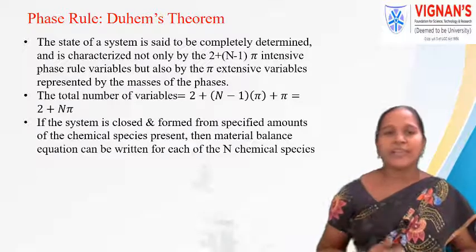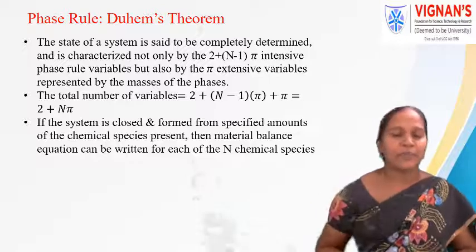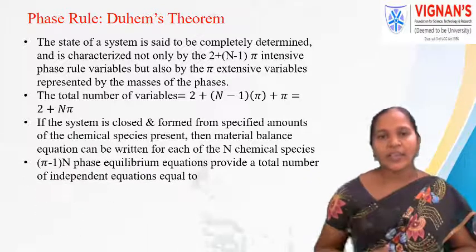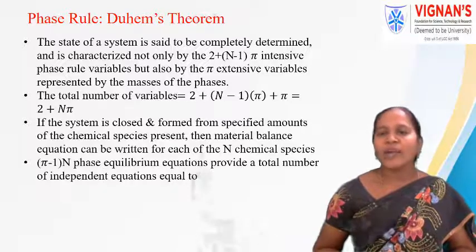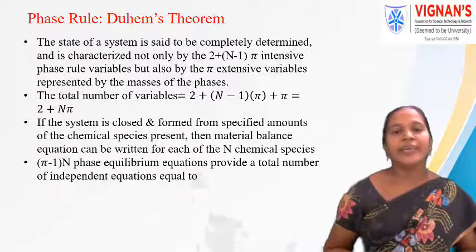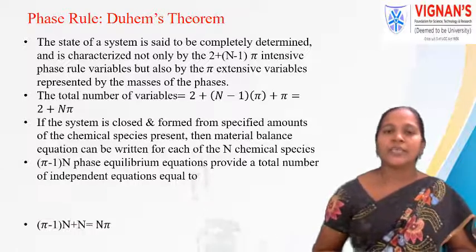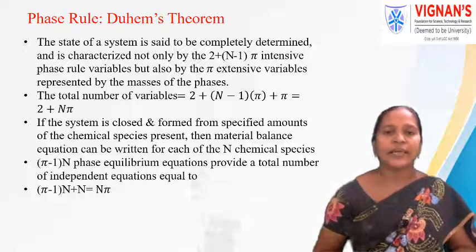Then the material balance equation we have to write for n species. Pi minus 1 into n phase equilibrium equations provide a total number of independent equations, which is equal to (pi minus 1) into n plus n.